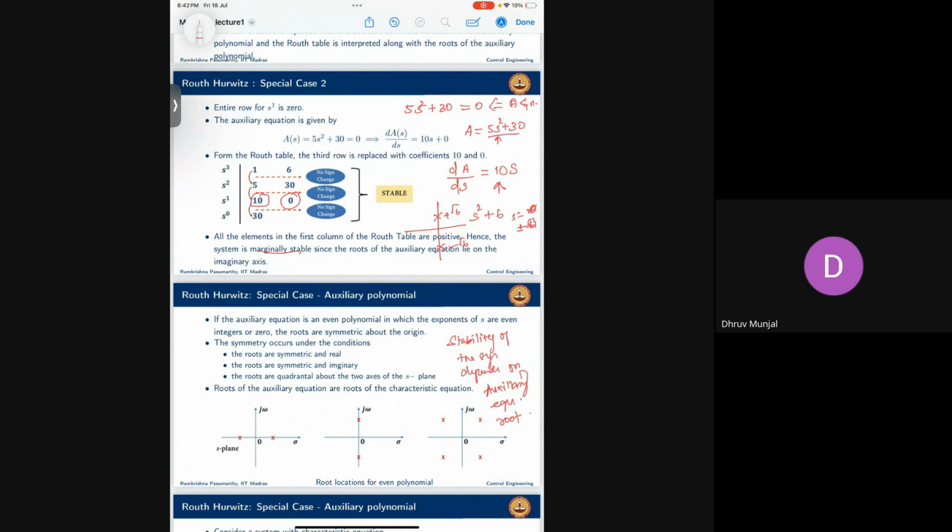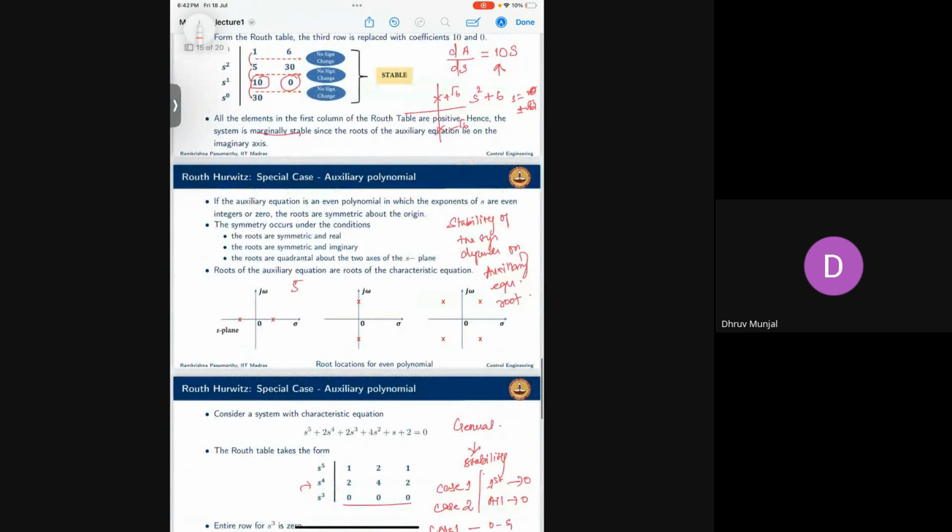Yeah, this is the equation, right? 5s square plus 30. When you take 5s square plus 30 equal to 0, this is the auxiliary equation. So 5 will be out, so s square plus 6 equal to 0. That will give you s square equal to minus 6. So s is equal to plus or minus root 6 j, because there is a negative sign here, right?